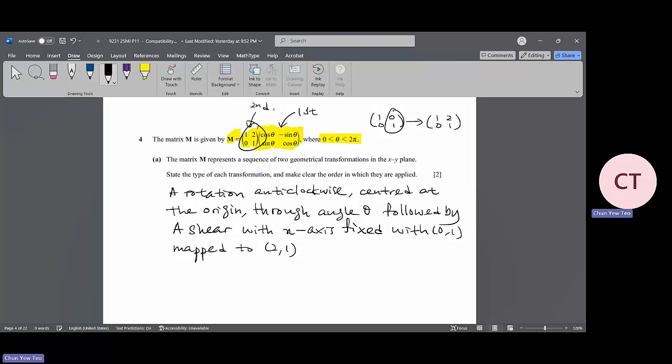That means this (0, 1) has mapped to (2, 1). That is the meaning of it. So you need to use the term 'followed by' to connect the two transformations together. That will be the answer for 4a.